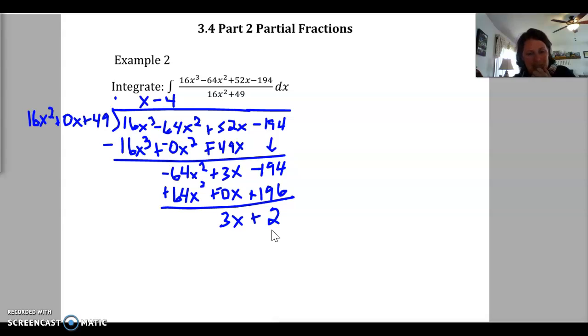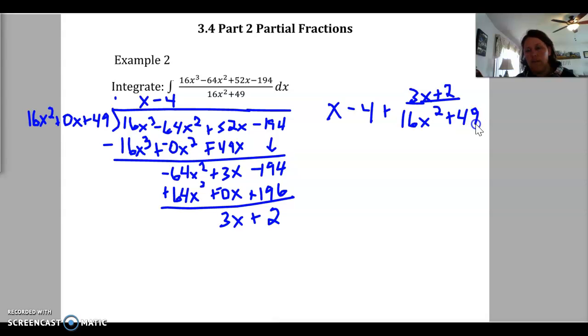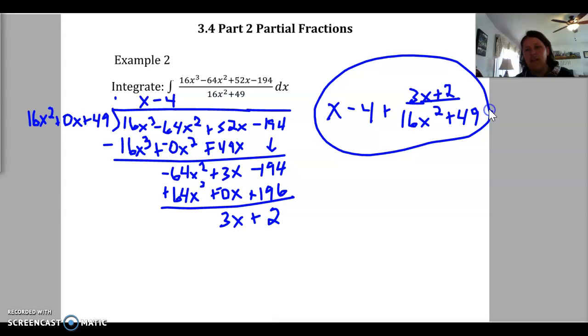So 3x plus 2 will be our remainder, and so our final answer, complete final answer, is going to be x minus 4 plus 3x plus 2 over 16x squared plus 49. Okay, so this solution over here is what we need to find the integral of.